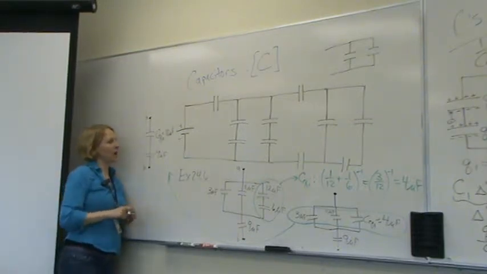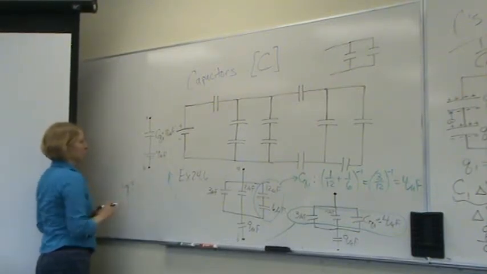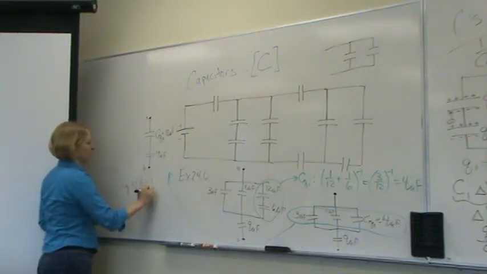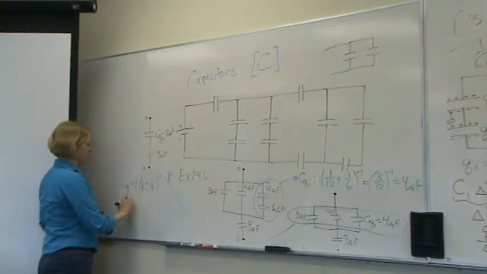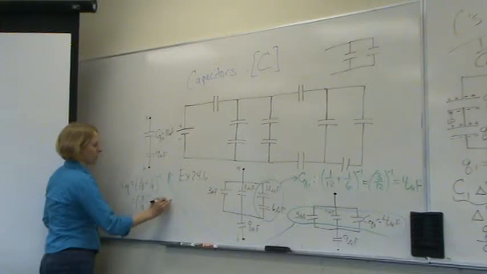So how are we going to find the final equivalent capacitance? And what does that give us? 6 microfarads. So this would be the fraction, and then you inverse that, and you'd get 6 microfarads.